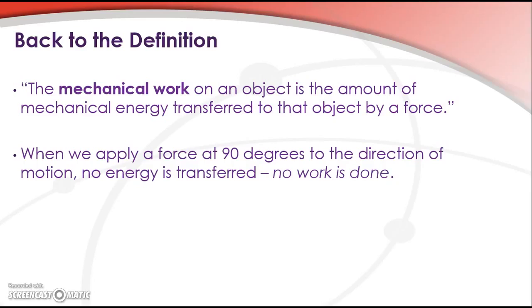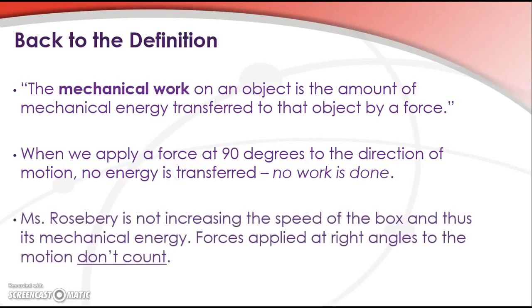The box doesn't accelerate, it doesn't decelerate, no work is done. And that's a very important concept, and we have to really get our heads around that in this course. So in our case, when we're pushing vertically, the box doesn't accelerate. Its mechanical energy is constant, and the force applied doesn't count towards the work.